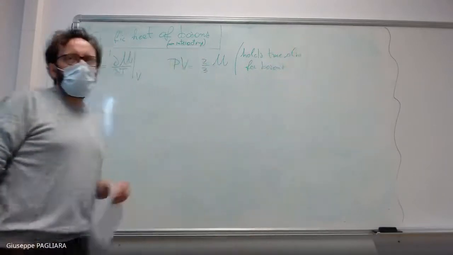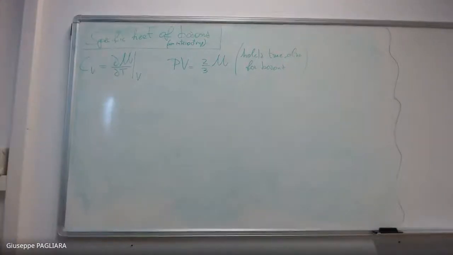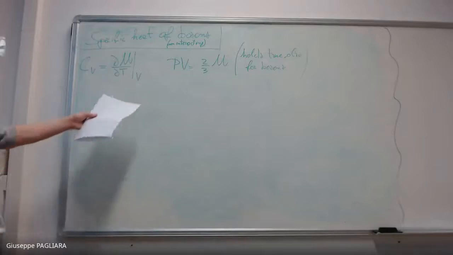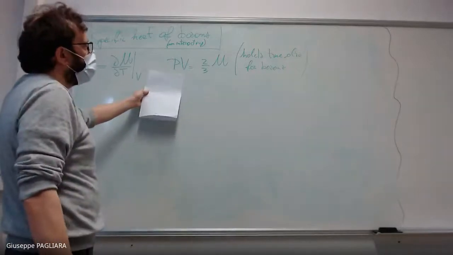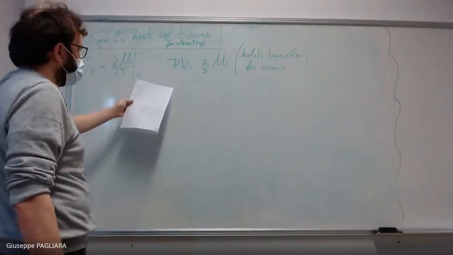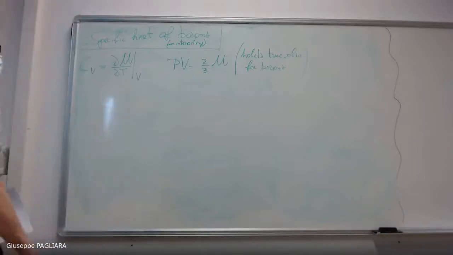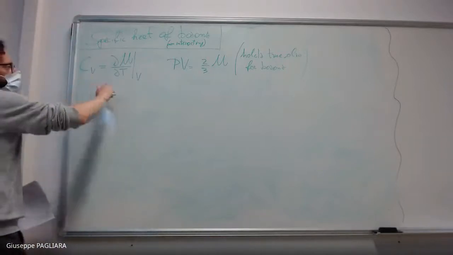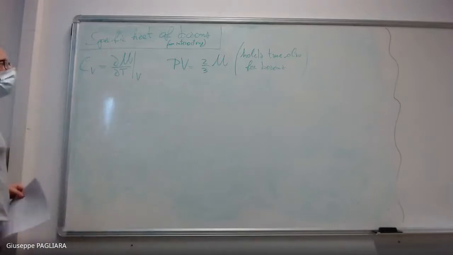And we proved this: the fact that the same relation between PV and internal energy holds true also for the bosons. Okay. So now to compute the specific heat, actually we will compute the derivative of the pressure with respect to temperature at fixed volume.